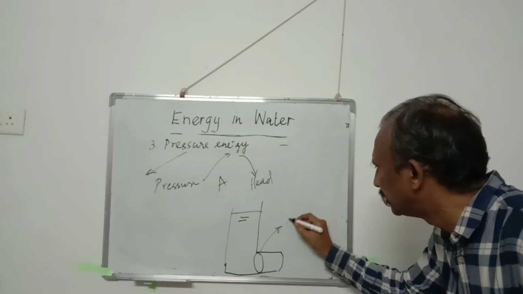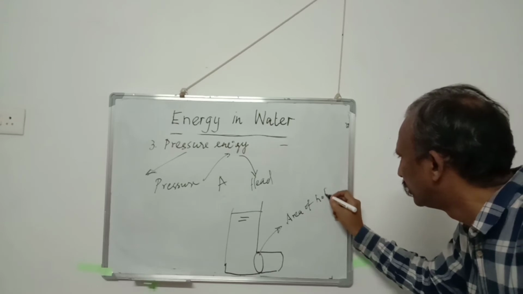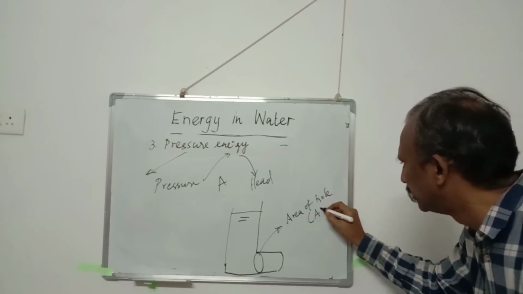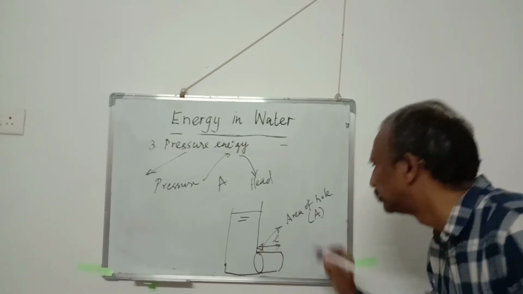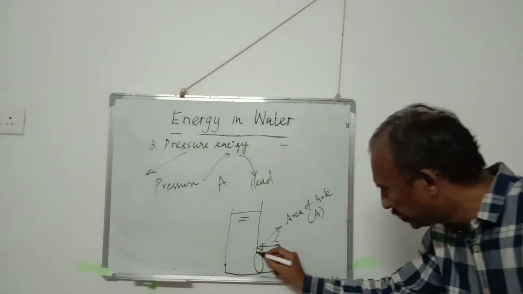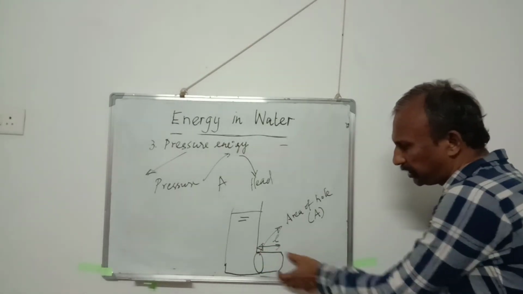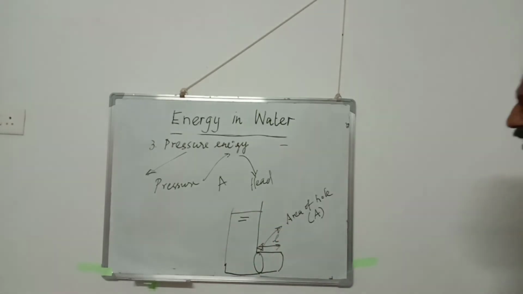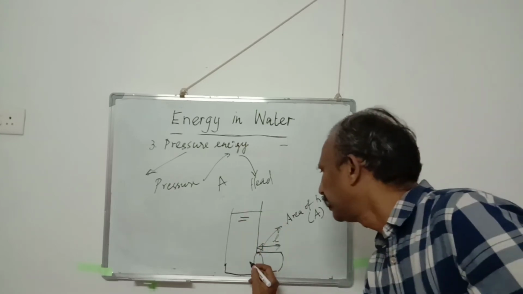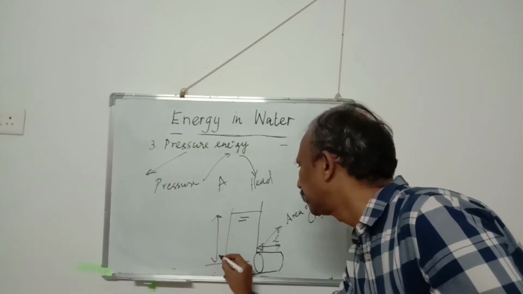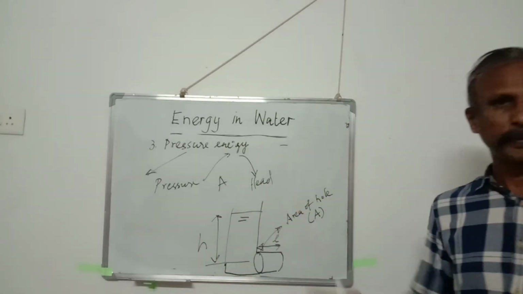Let us assume that it is equal to area of hole, A, and this length is L. In this hole, let us assume that we intend to send this particle of water inside this tank, and on the other side in the tank, the height of the water that is standing in the tank is h.